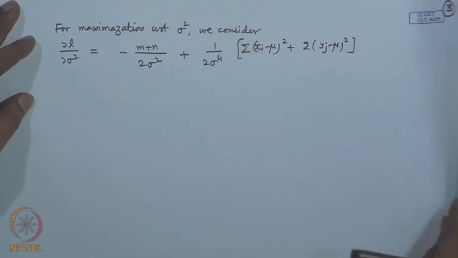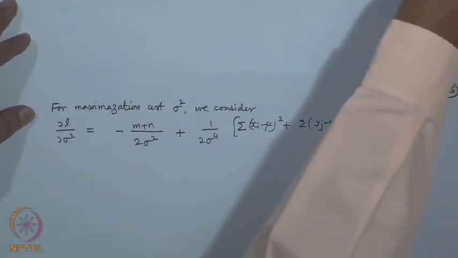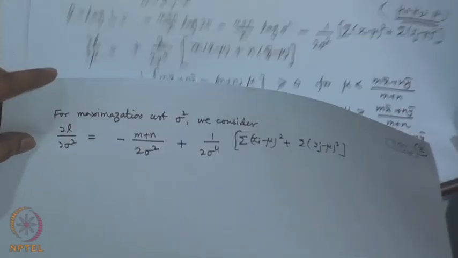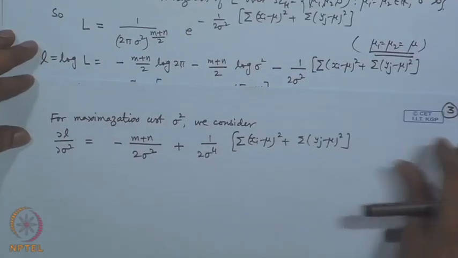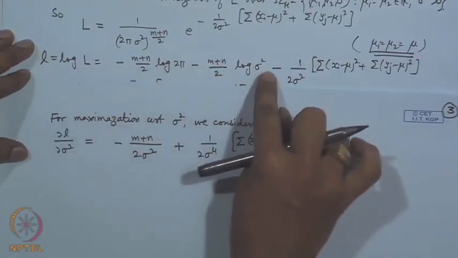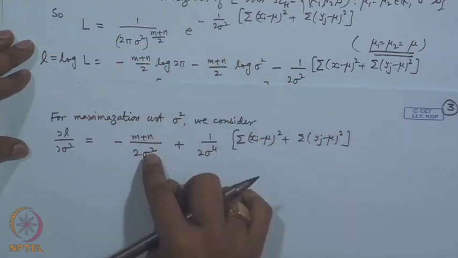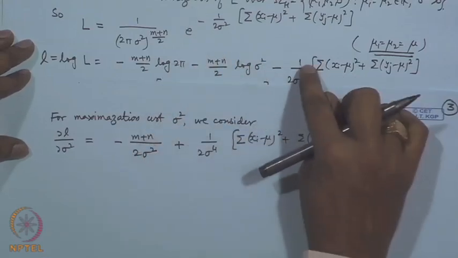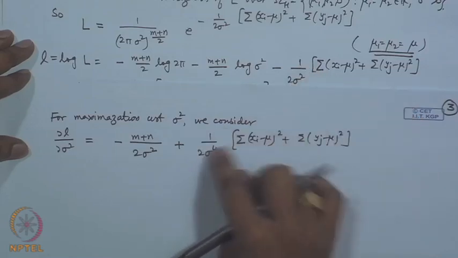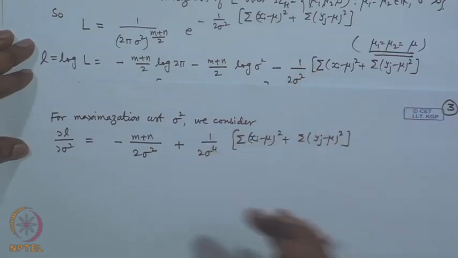This you can follow from looking at this term here: if I differentiate this term with respect to sigma square, this term gives me minus (m plus n) by 2 sigma square, and this term gives me 1 by 2 sigma to the power 4 into this term.